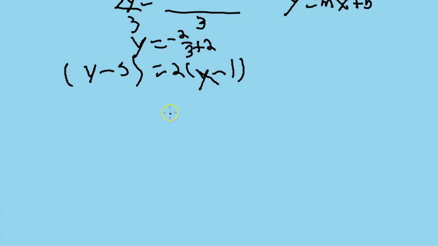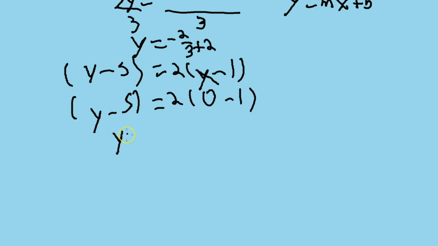Now, we already know that the slope is 2, but we need to know the y-intercept b. So, the x-coordinate of the y-intercept of any function is 0. So, we'll do y minus 5 equals 2 times 0 minus 1.